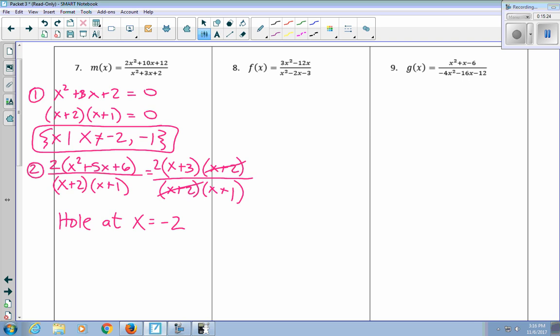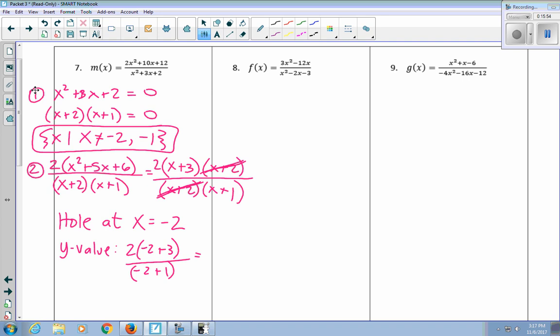To find the y value of that hole, I'm going to take the -2 value and plug it into my reduced function after I've canceled out the problem, right? I can't put -2 in originally because I'd get 0 over 0. But now that I've canceled the x plus 2, if I plug -2 in, I have 2 times -2 plus 3 over -2 plus 1.